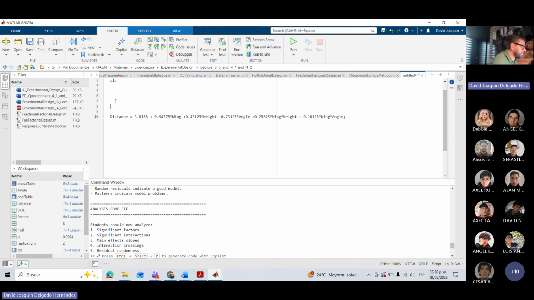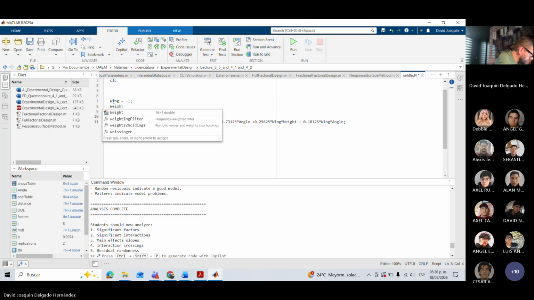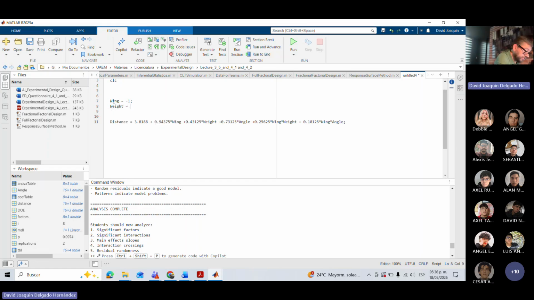So I am going to put here wing, which is my first variable. And I am going to put -1. I am going to put here weight, which is as well -1.